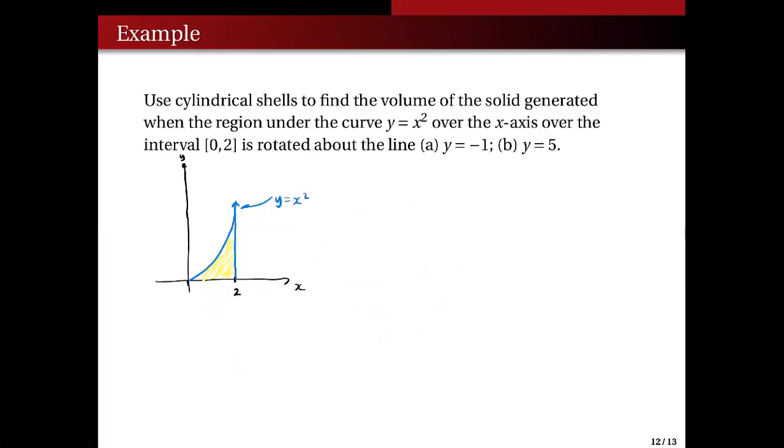Like before, we found that this is 4. So y equals 5 is somewhere here. So we need this line. This is your y equals 5, and we revolve about this axis here.